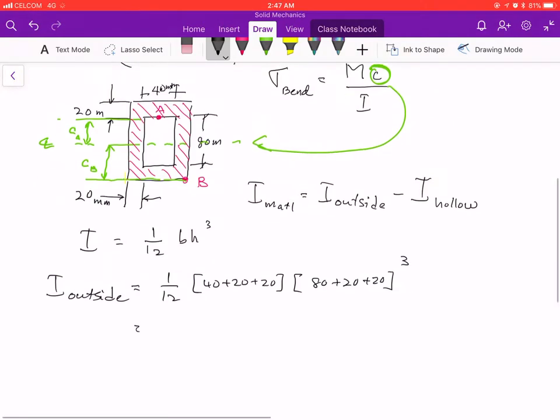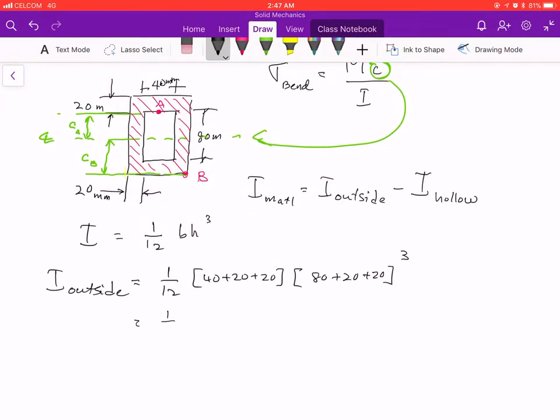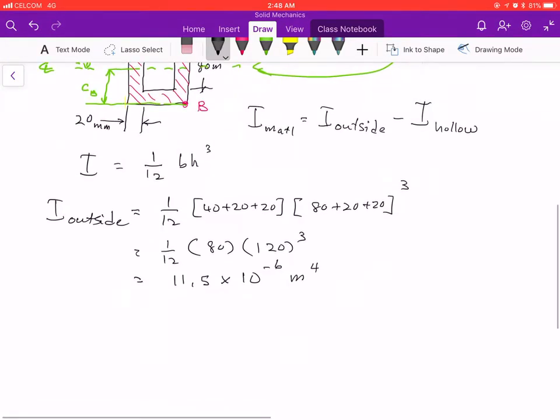So your outside moment of inertia is 1/12 times 80 and 120 cubed. That will give you my I on the outside as 11.5 times 10 to the minus 6 meter to the fourth.